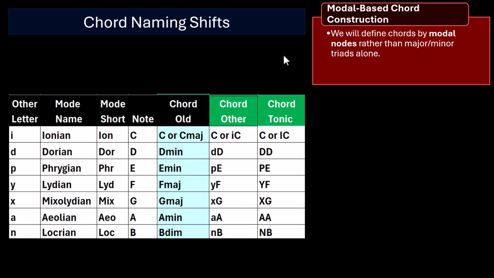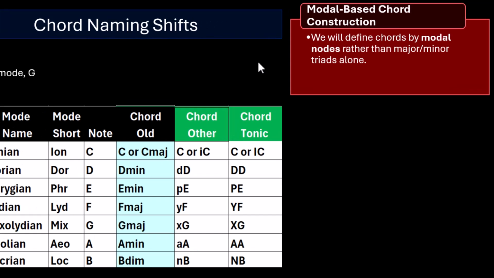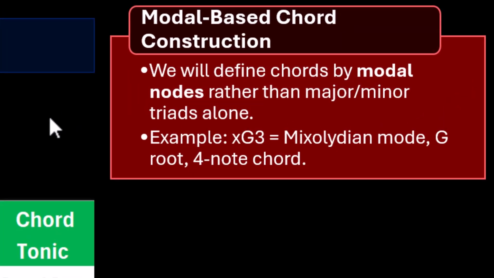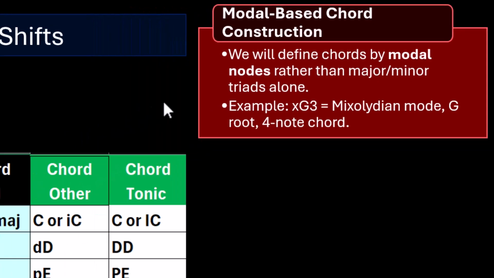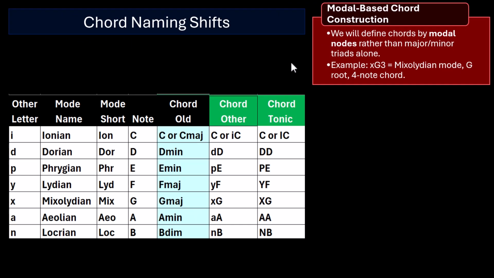So we will define chords by modal notes rather than major minor triads. So example X3, XG3. In other words, instead of saying this is a major or a minor, I'm going to define it by, in essence, the mode. Now you might say, hey, wait, if I have a triad, a 3-note mixolydian, I'm going to say this is a 4-note chord, but we'll talk about that later.